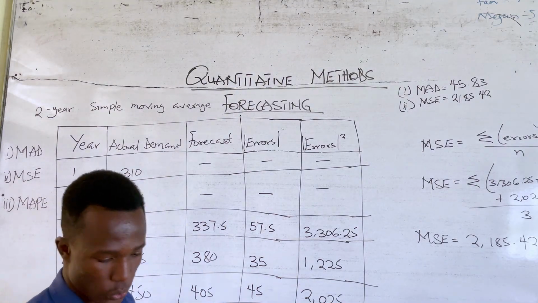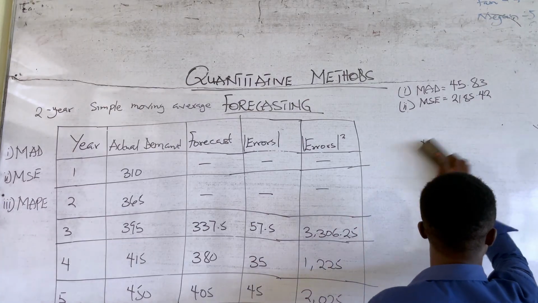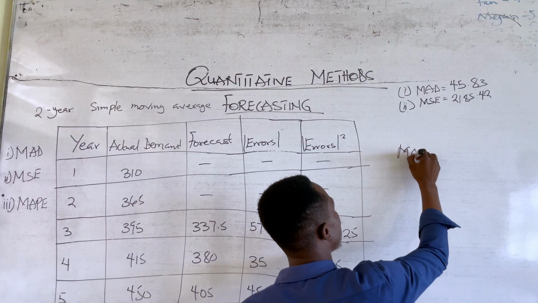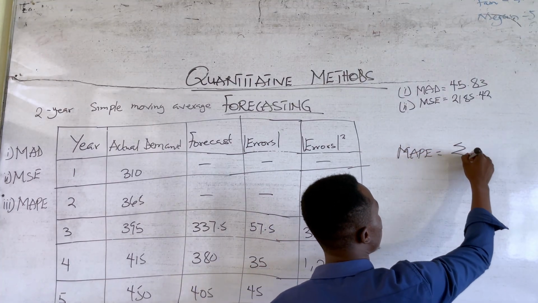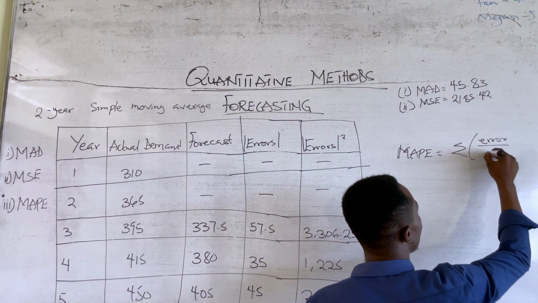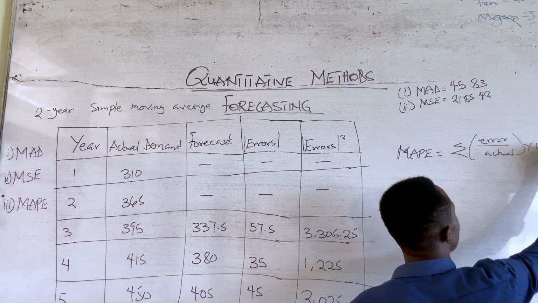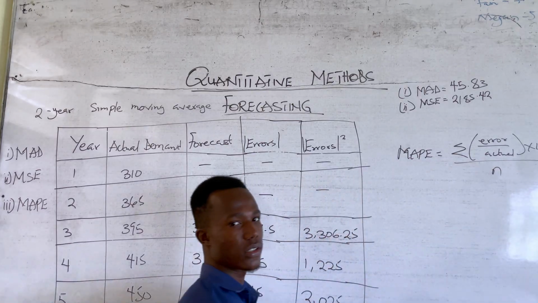Right. So for the MAPE, what did we say? We said the formula is: your summation of error over your actual, then you multiply it by 100%. And because it is mean, you divide it by n. Okay.